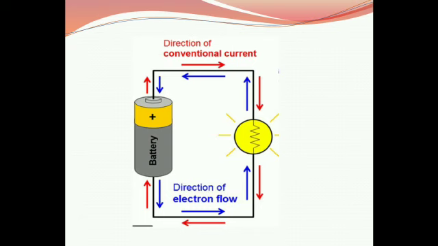This diagram shows the direction of flow of conventional current as well as the direction of flow of electron current. Here conventional current flows from the positive of the battery to the negative terminal, and electron current flows from the negative terminal to the positive terminal.